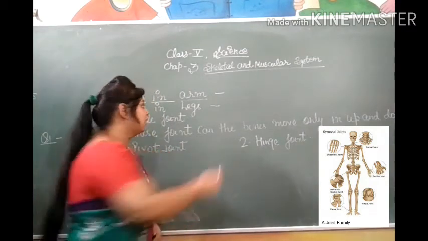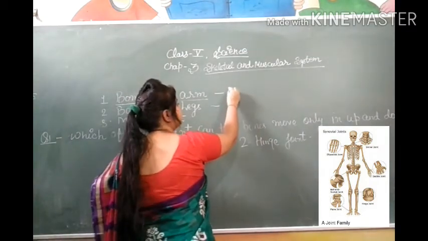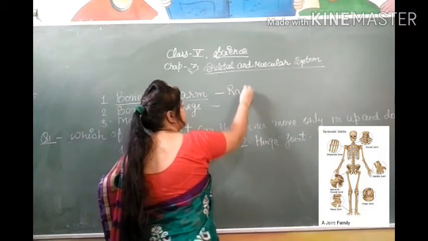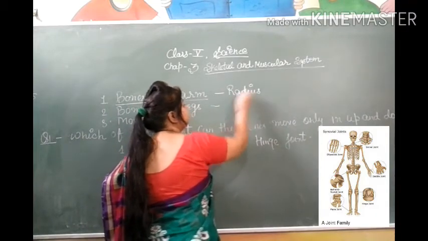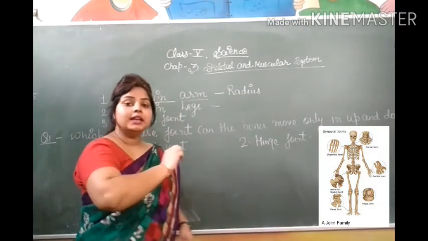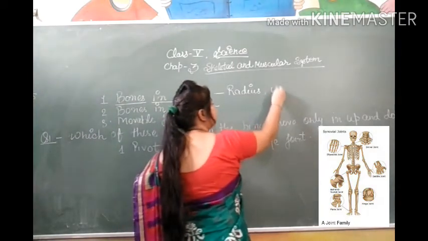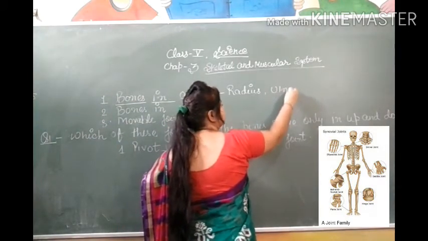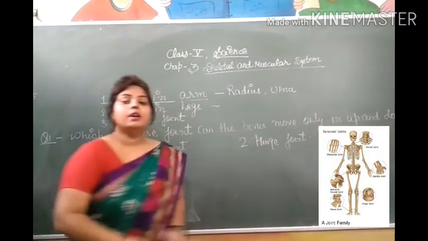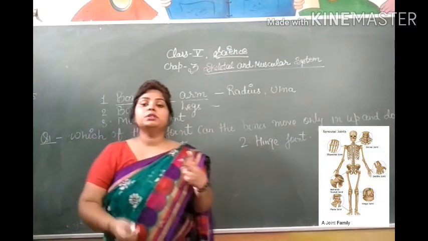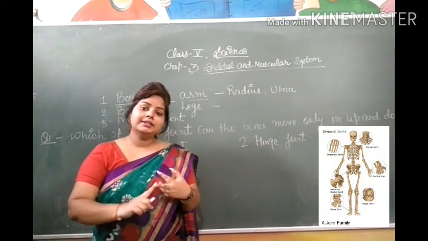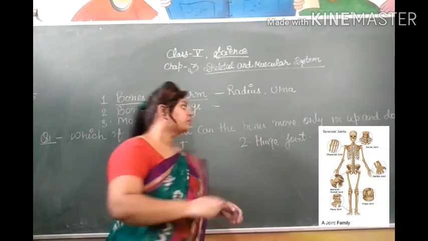Write the name. First bone is radius and the other bone is ulna. So our arm has two bones, one is radius and second one is ulna.